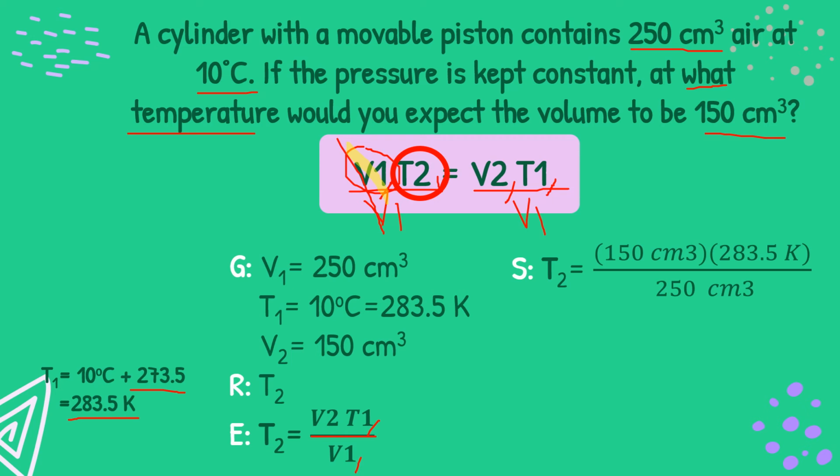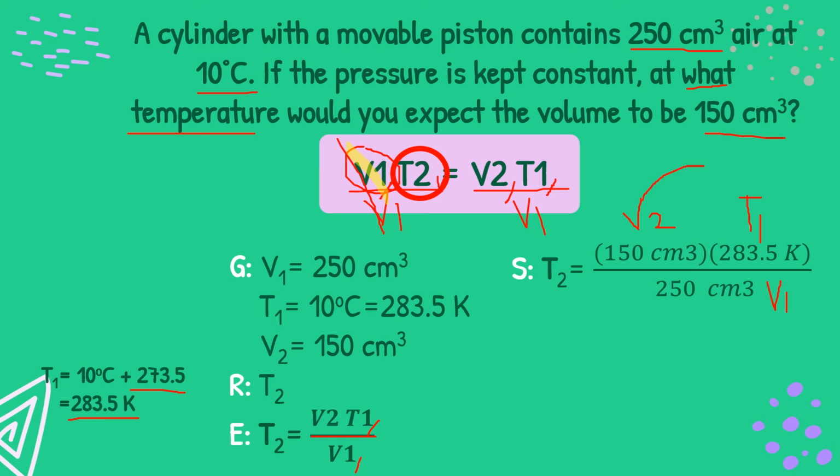Now let's put the quantities into the solution. We have 150 cubic centimeter as the final volume, 283.5 as the initial temperature, and 250 cubic centimeter as the initial volume.